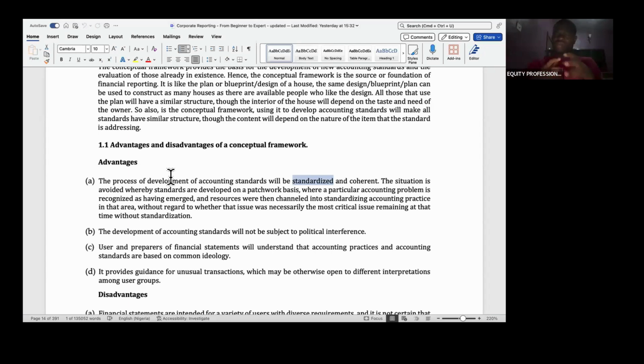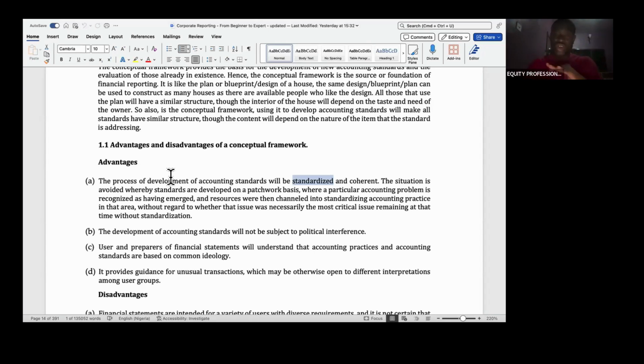Additionally, still speaking about standardization, this conceptual framework will enable all accounting standards to have the same structure. They will be structured the same way because it's the same principle. So when you check a standard like IAS 16, for example, and you understand IAS 16 properly, you will see that all other standards on asset-related items have almost the same recognition and measurement basis.